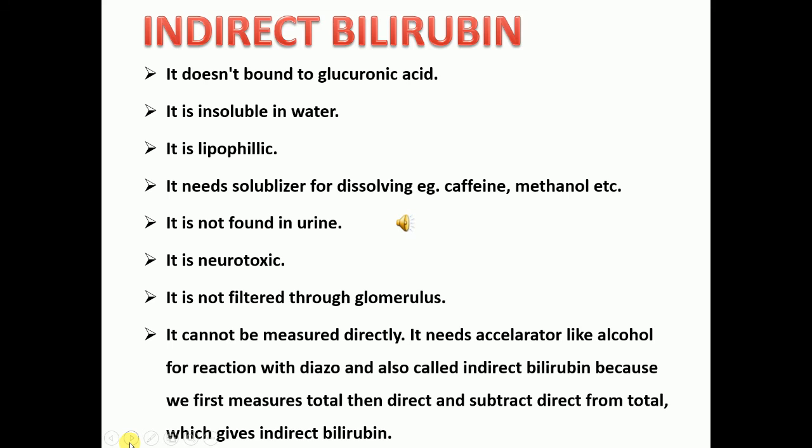It needs solubilizer for dissolving, for example caffeine, methanol, etc. It is not found in urine. It is neurotoxic. It is not filtered through glomerulus. It cannot be measured directly. It needs accelerator like alcohol for reaction with the diazo, and is also called indirect bilirubin because we first measure total, then direct, and subtract direct from total, which gives indirect bilirubin.